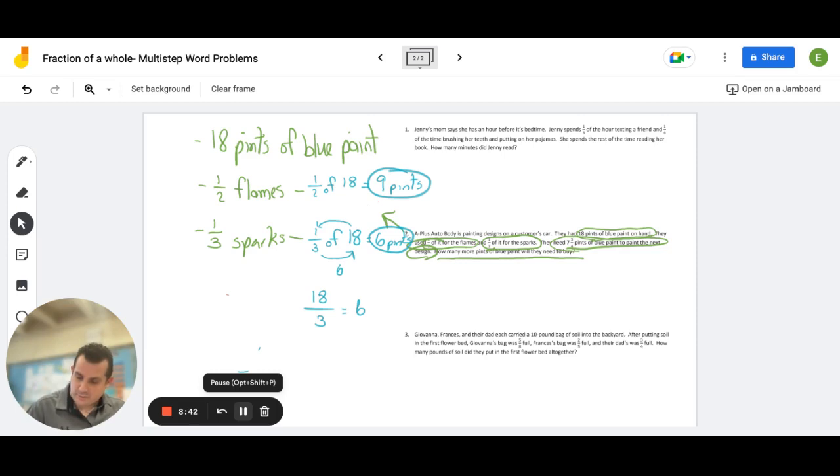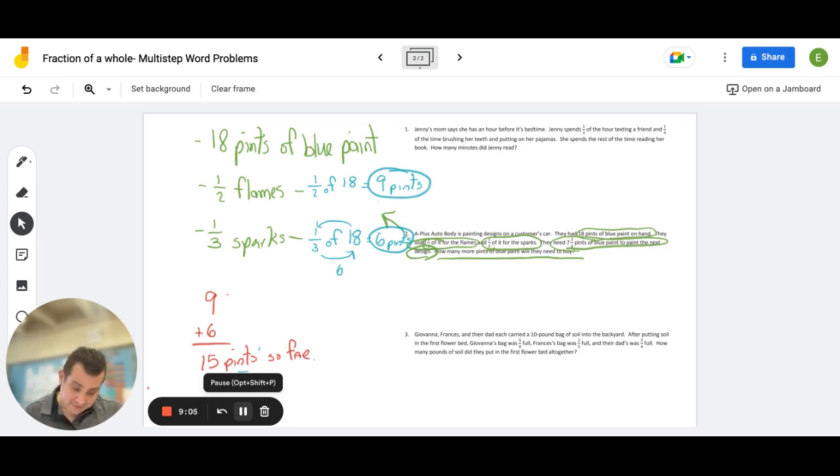So I'm going to erase this because I don't want to confuse you. We used the 9 pints and we used the 6 pints. Okay? So now I'm going to put 9 plus 6 is 15 pints so far. Okay?